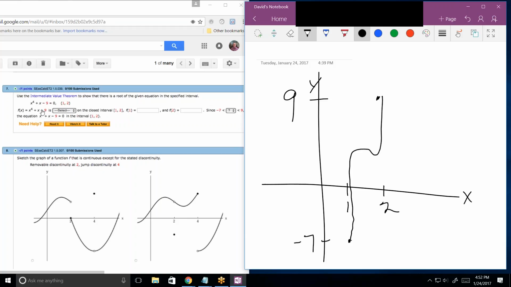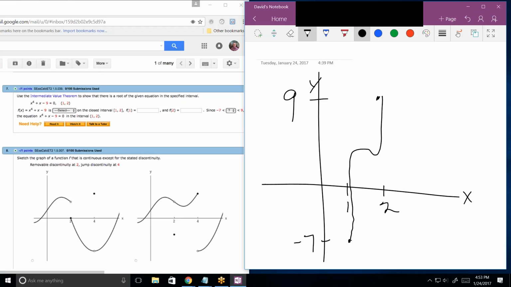It's defined everywhere on that closed interval between 1 and 2, and continuous. We figured out that f of 1 is -7 and that f of 2 is +9.